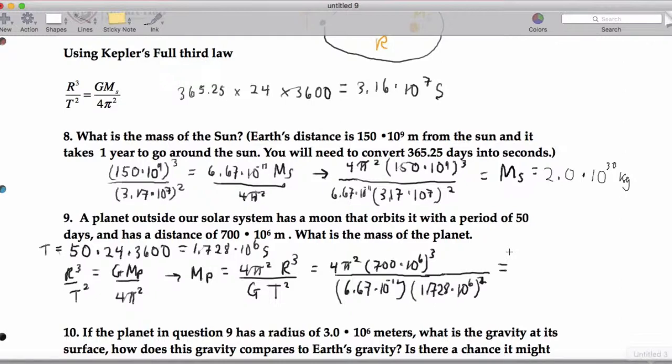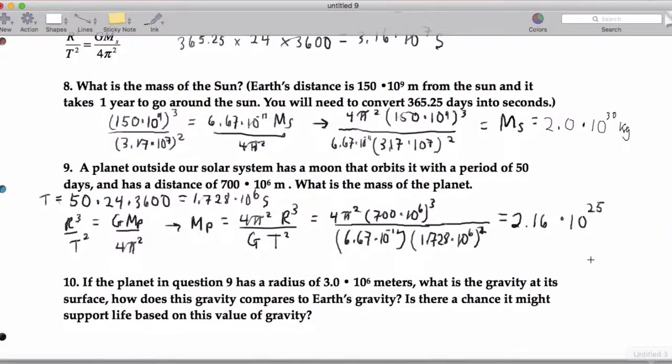When we simplify that out, we will end up getting 2.16 times 10 to the 25th, which is a little under 4 times the mass of Earth, by the way.